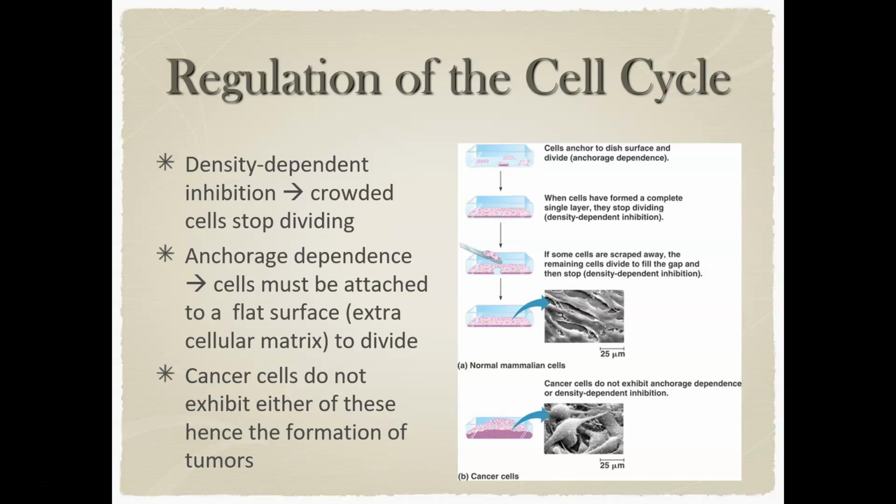So what might have started as breast cancer now starts popping up tumors in your liver or in your brain, because that cancer has lost not only the density dependent inhibition, which is why the original tumor got created in the first place, but also the anchorage dependence, and is able to start spreading.